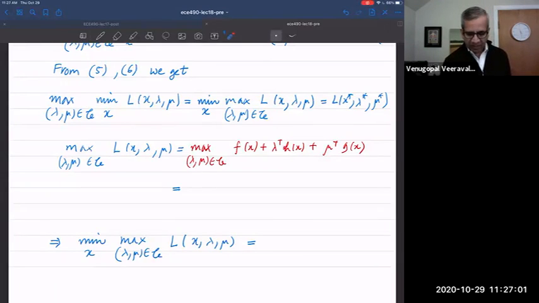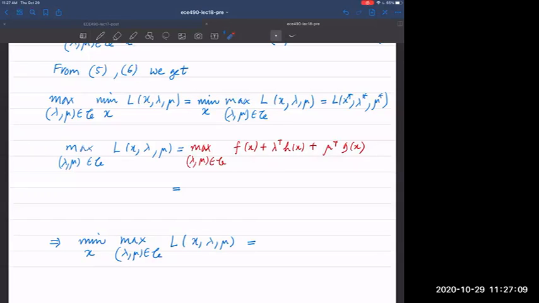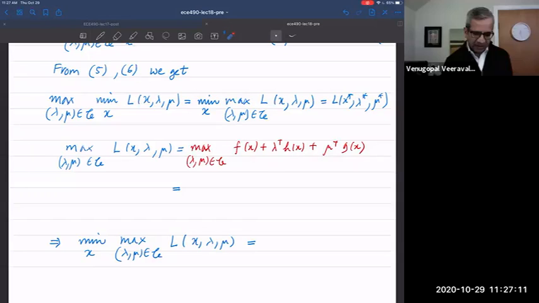Say one of the hi of x's was -2. Then what is the maximum value of this? Infinity, because I could always take that lambda to -infinity until this thing blows up, right? So there's no maximum. Maximum is infinity.